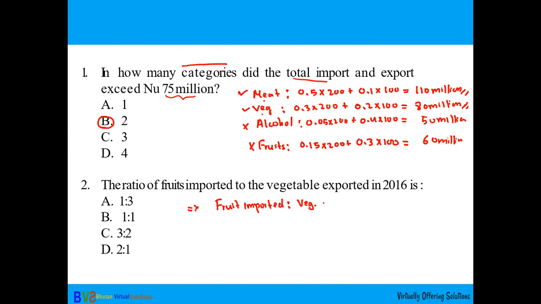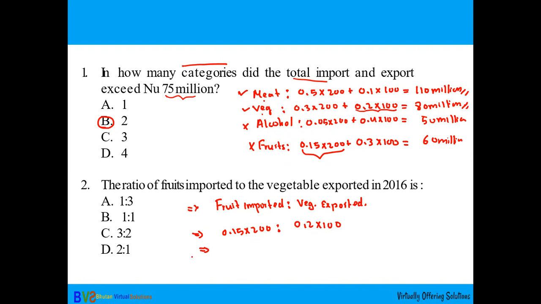Fruit imported is 0.15 of 200, so that is 0.15 times 200, is to vegetable exported. Vegetable exported is 0.2 times 100.